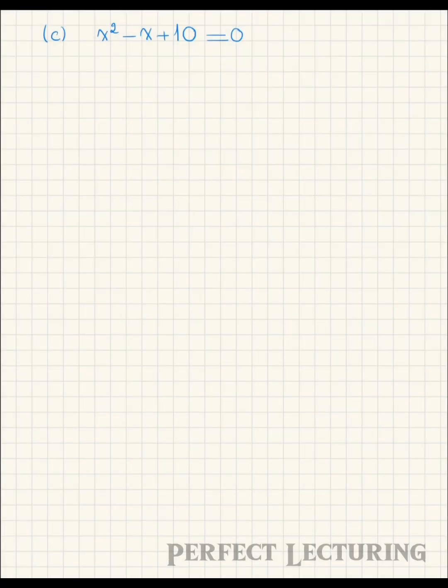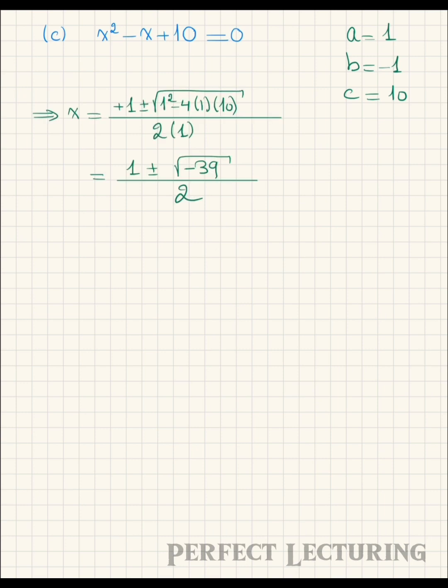Let's now do part C. So a is equal to 1, b is equal to -1, and c is equal to 10, and the answer is 1 plus or minus the square root of -39, over 2, which means we have no real roots for this equation. We only have two complex roots. How do I do that?